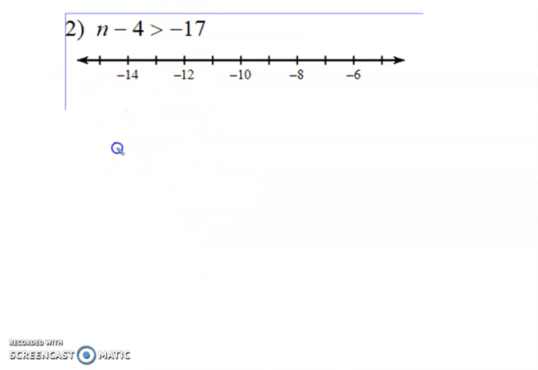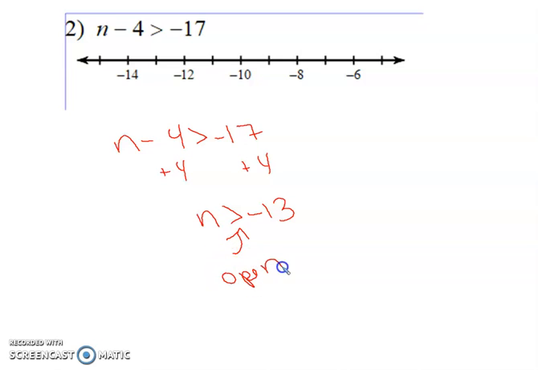All right. Here on number 2, I have n minus 4 is greater than -17. Get rid of the 4. N is greater than -13. And I have an open circle because it is no underline.